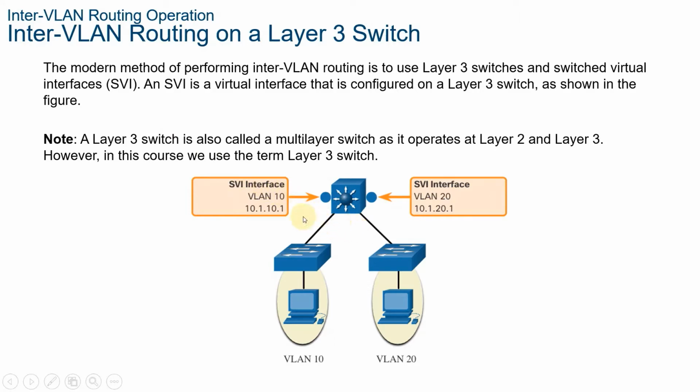So we have an SVI interface, a member of VLAN 10, and another SVI interface, which is a member of VLAN 20 here. Take note that a layer 3 switch is also called a multi-layer switch, as it operates at layer 2 and layer 3. However, in this course, we use the term layer 3 switch.